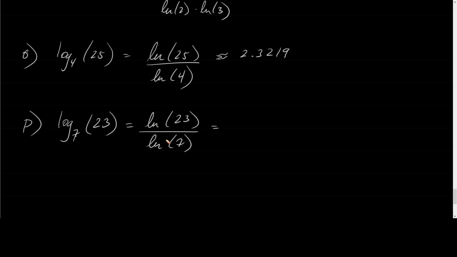And if I plug this into the calculator, ln of 23 over ln of 7, that just gives me approximately 1.6113 with a whole bunch of stuff afterwards too. All right. But yeah, so that's another use of the change of base formula.